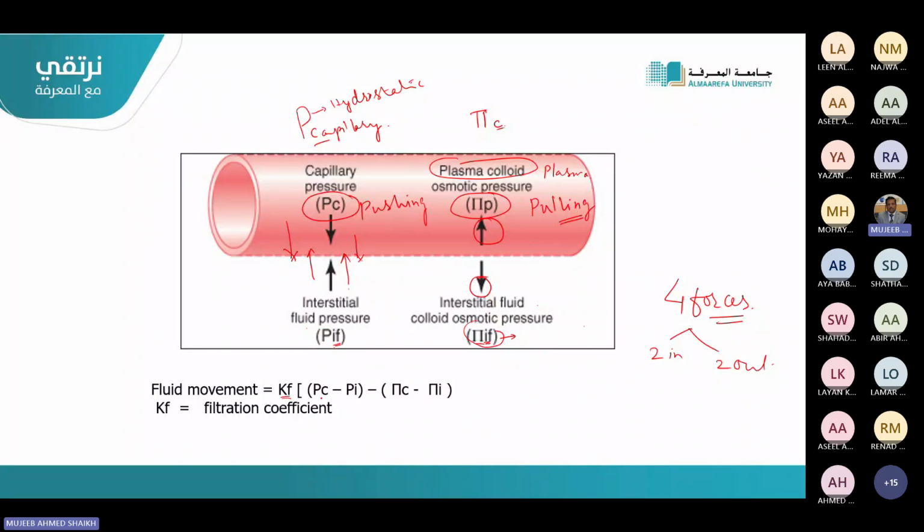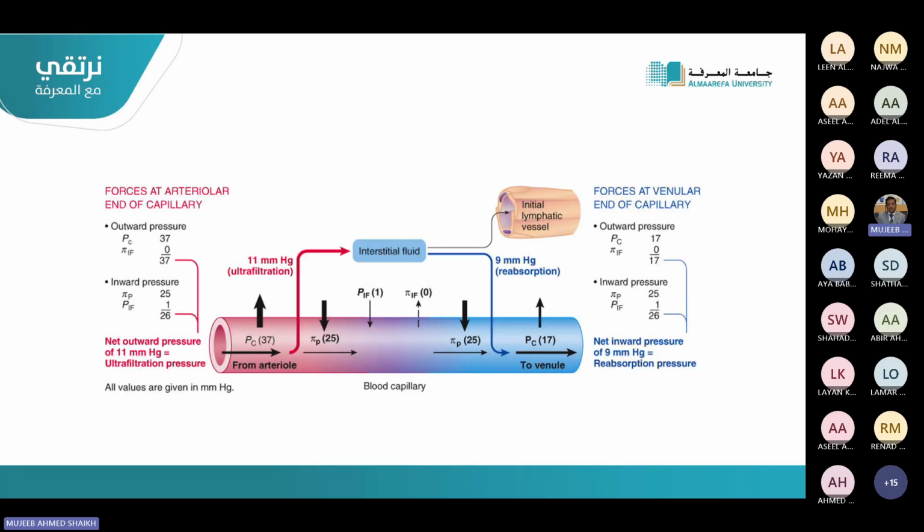Filtration is equal to Pc minus Pi, that means hydrostatic pressure in the capillary minus the interstitial pressure. Whichever is high, the fluid will go in that direction. Similarly, capillary colloidal osmotic pressure and interstitial colloidal osmotic pressure, whichever is high, out of these four forces, the direction will be decided. Now see the example here.